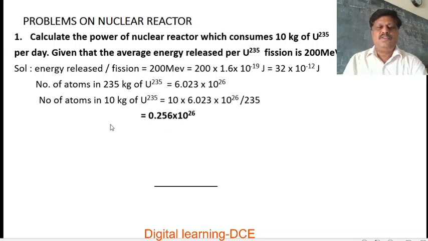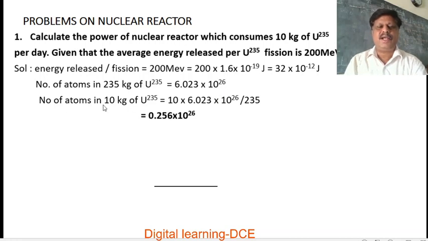By the use of Avogadro hypothesis, we can calculate the number of atoms in 10 kg of uranium 235. Number of atoms in 235 kg of uranium 235 is equal to Avogadro number, that is 6.023 into 10 power 26. If it is in gram, it is 10 power 23. If it is in kg, it is 10 power 26.